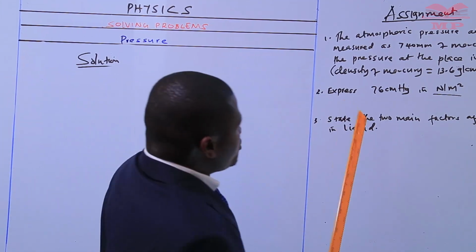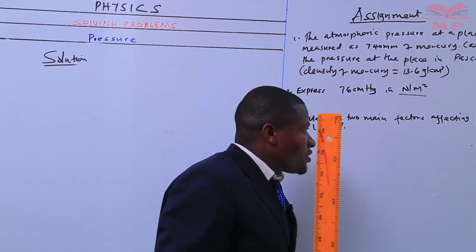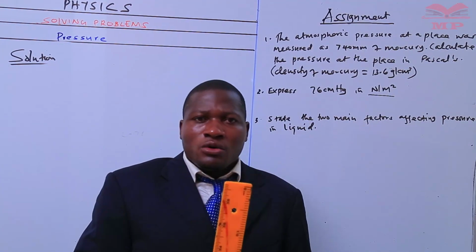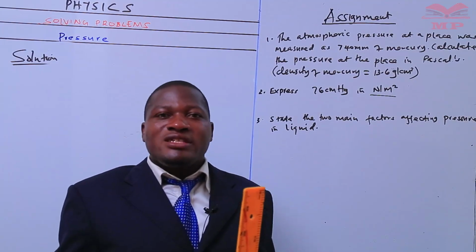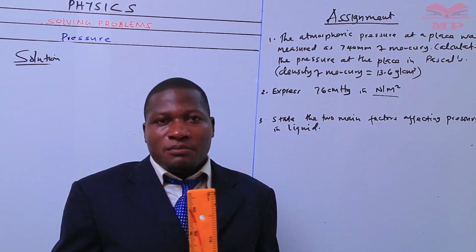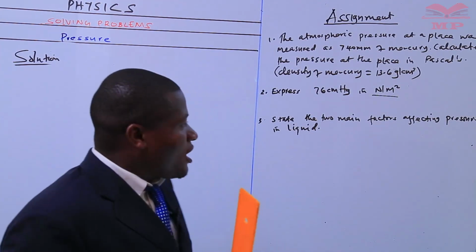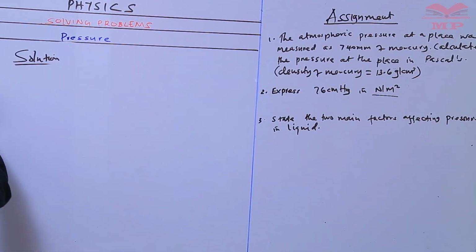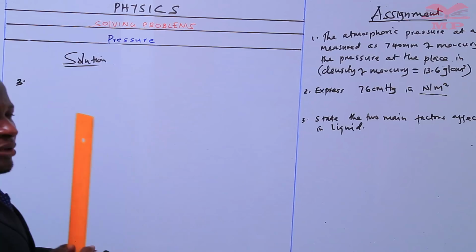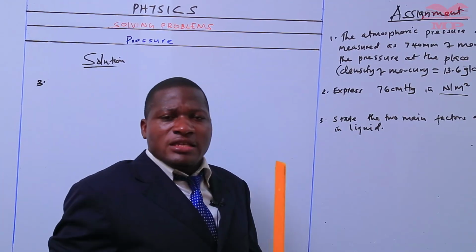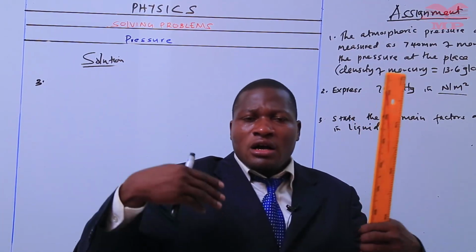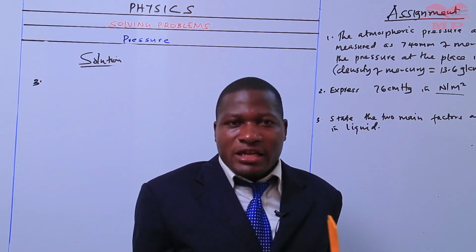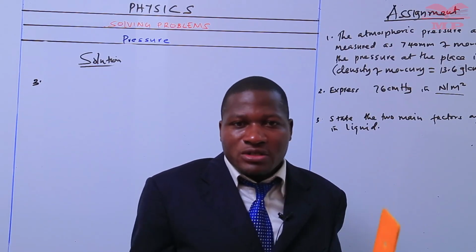We are being asked to state two main factors affecting pressure in liquid. These factors we always derive from the formula. Remember, when I want to calculate pressure, then pressure is given by density of a given liquid times the height. Remember, G is constant.